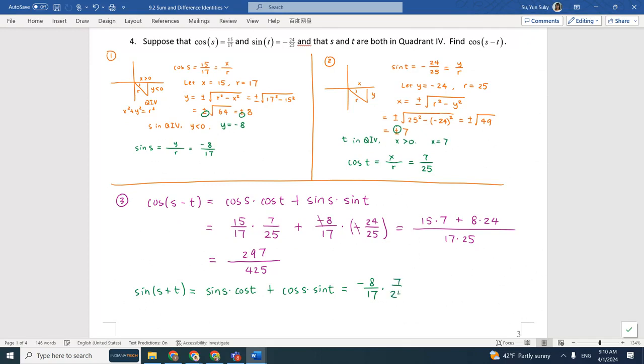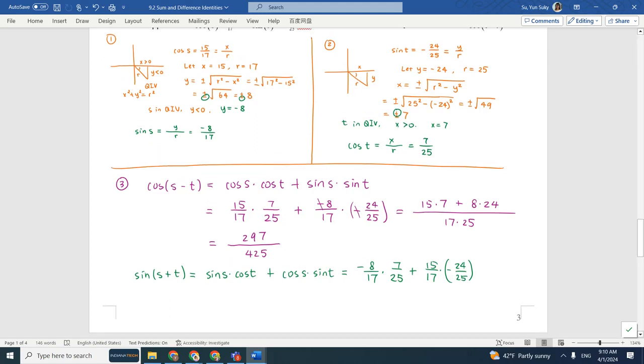Seven over 25. Right, everybody? Plus, what is cosine S? 15 over 17. And what is sine T? Is everybody okay with that?